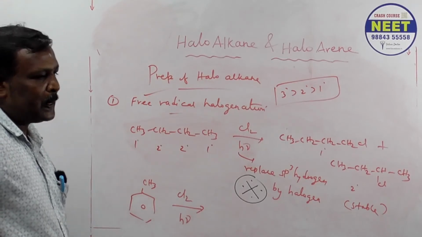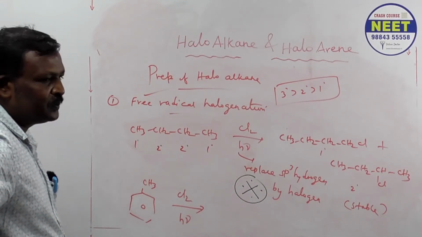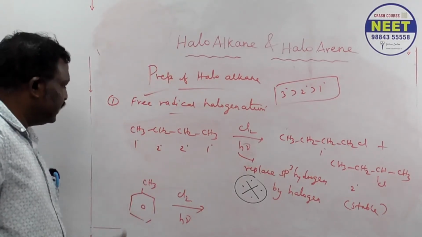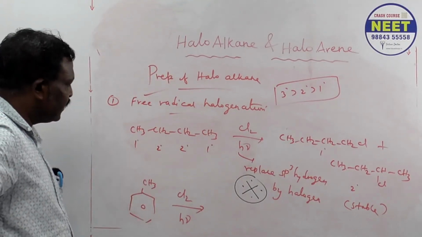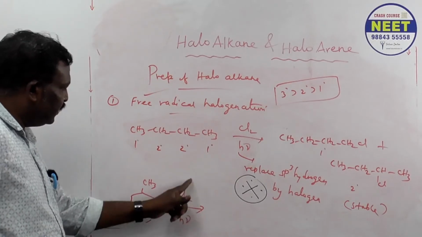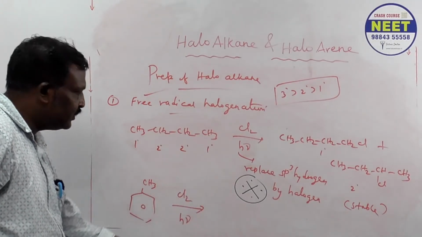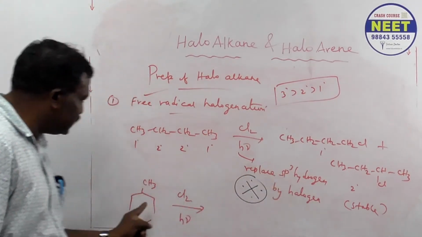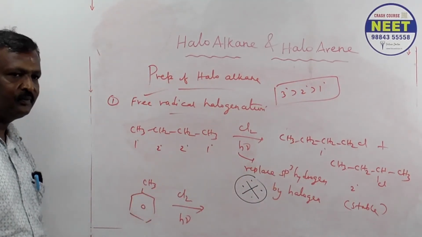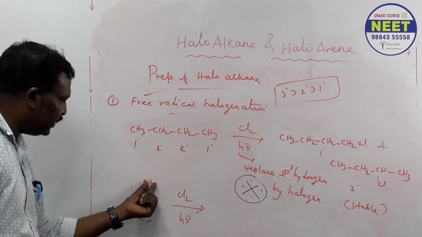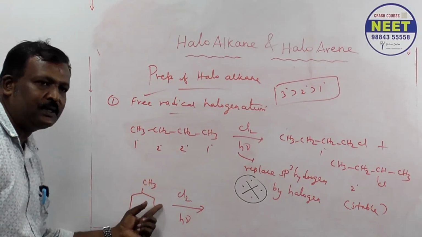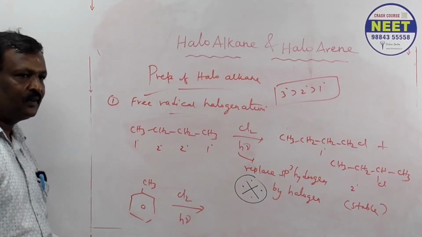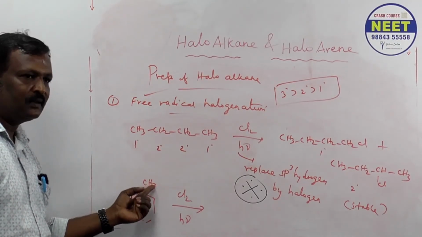Okay. What's the product? Tell me. What's the role of this? Replace sp3 hydrogen. Who is sp3 hydrogen here? This hydrogen or the hydrogen which is present in the benzene ring? Which is sp3 hydrogen? This is sp3 hydrogen. Correct or not?